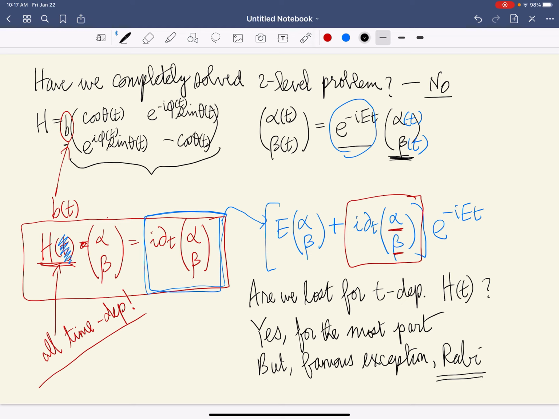And okay, so I will eventually find time to talk about this Rabi problem, but let me just emphasize here that this exact solution of a time-dependent two-level problem prompted the idea of an explicit time dependence to control the state of the two-level system.